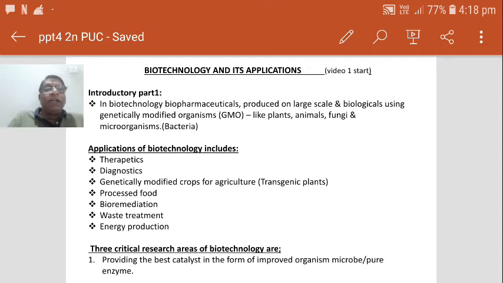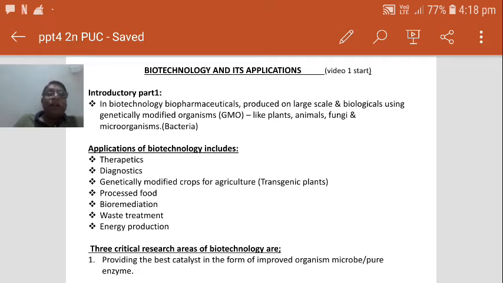Early pregnancy is detectable by using monoclonal antibodies. Early infection of HIV virus in AIDS patient is possible through the diagnostics.